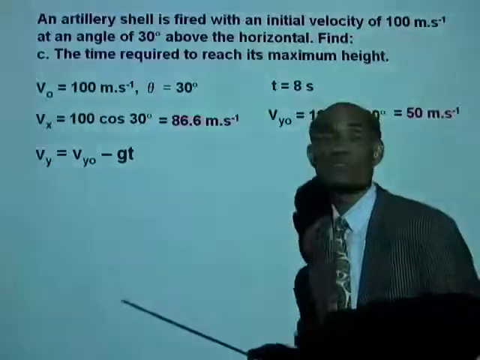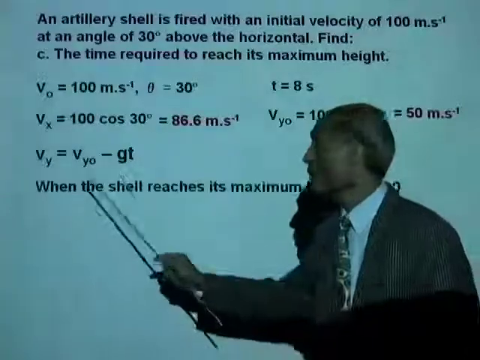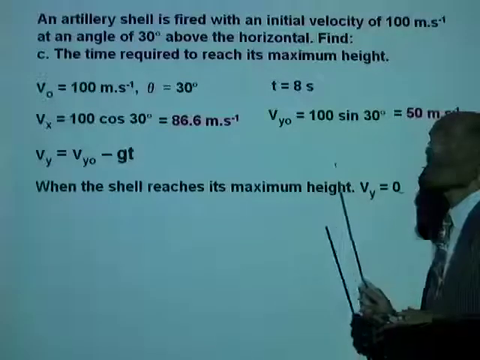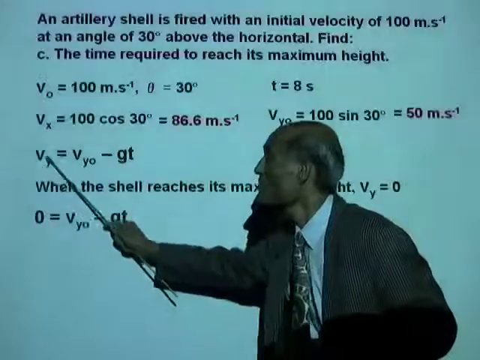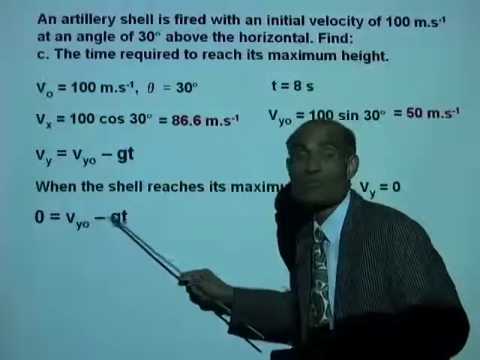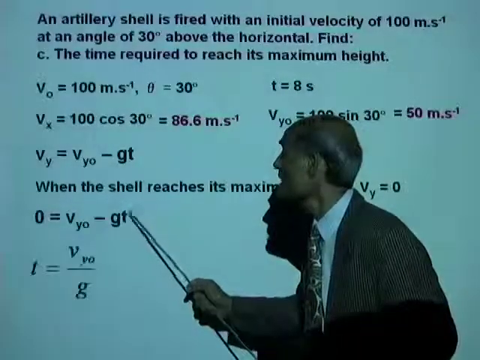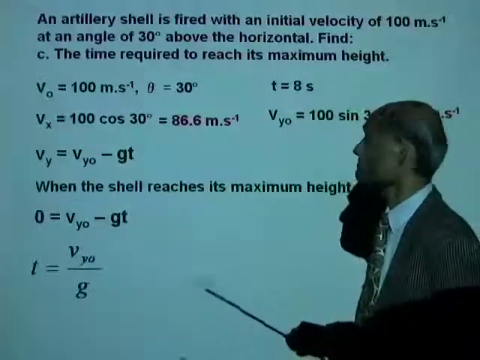Now, when the shell reaches its maximum height, Vy equal to 0. That means we set this equal to 0. That is 0 equal to Vy0 minus gt. And therefore, t equal to Vy0 divided by g.